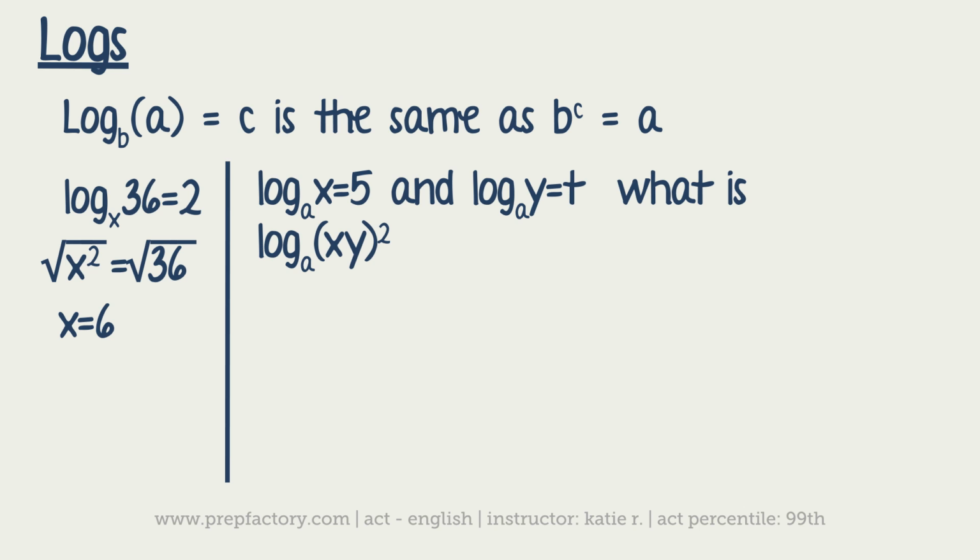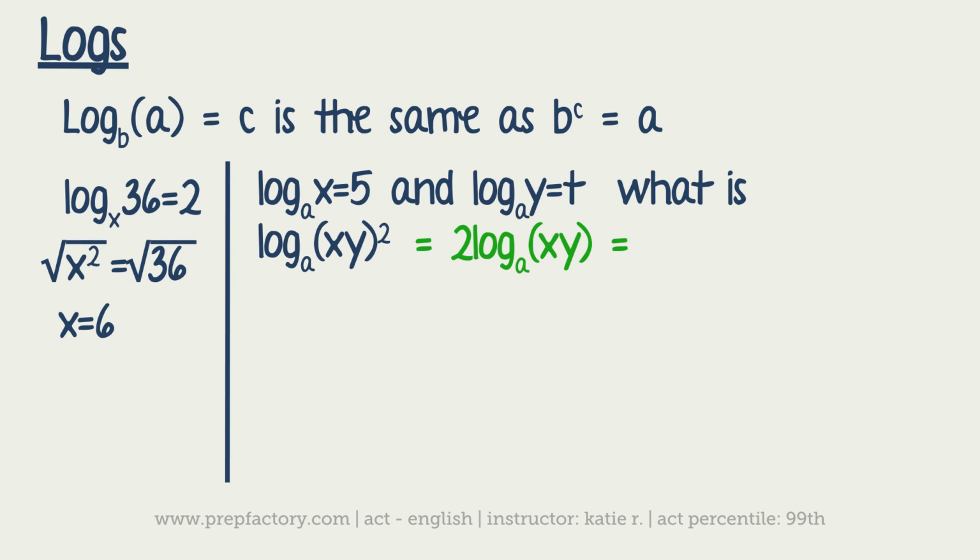The first thing to know is that whenever you've got a log of something squared, you can move that square to the front. So log base a of xy squared is going to equal 2 times the same log of xy.